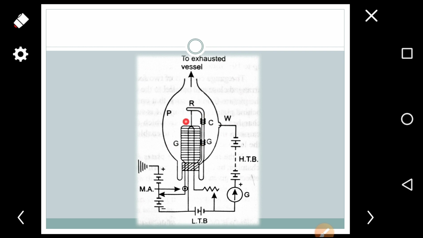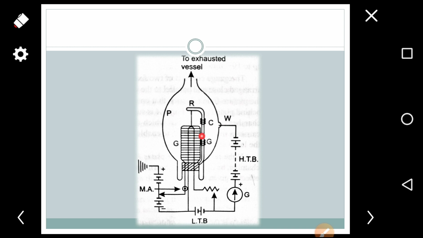The grid is given a positive potential with respect to the filament, and the plate is connected to the negative terminal of a high tension battery of about 120 volts, with a galvanometer included. The electrons emitted by the filament, on being heated by the current from the low tension battery, are strongly attracted by the grid due to their momentum.